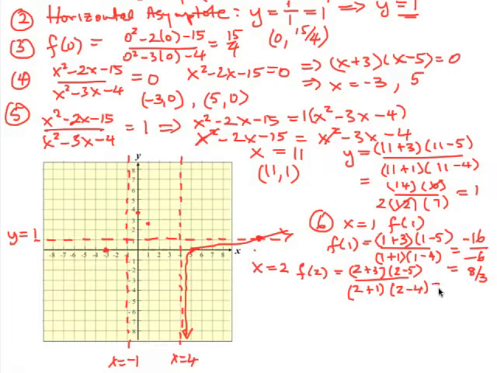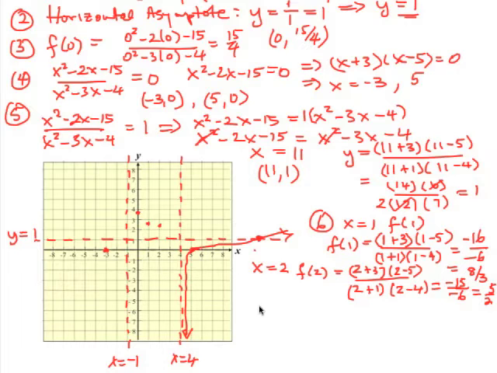And of course this will come out to be 5 times negative 3 is negative 15, and we have 3 by negative 2 is negative 6. So if we cancel by 3's, it's going to be 5 over 2. So that's 2.5. So it's coming down here more so.